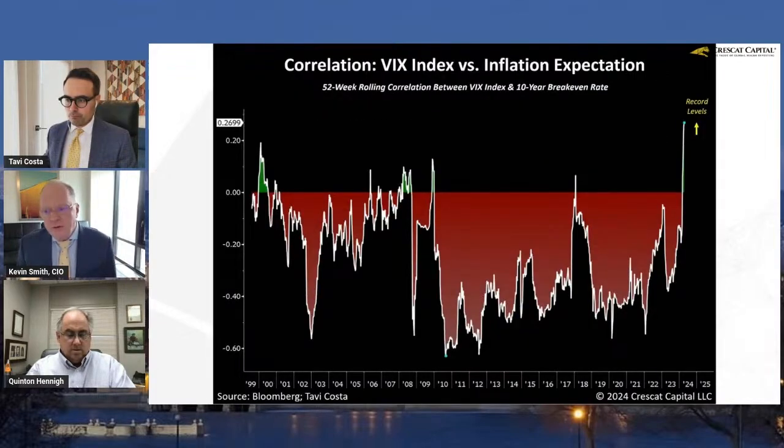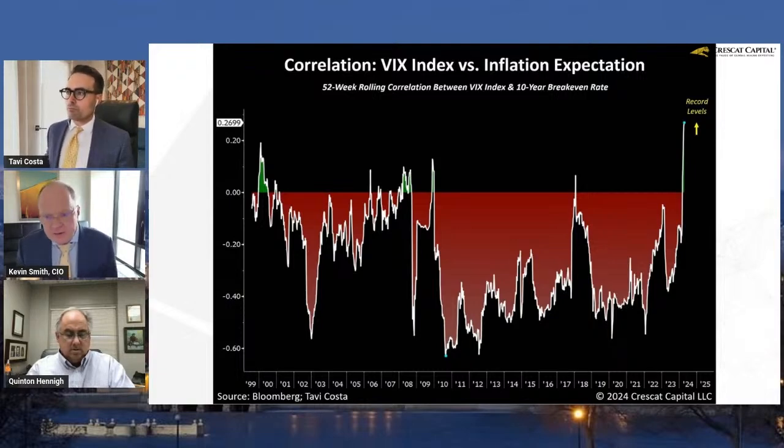Another interesting thing that we're seeing now is that as inflation expectations are starting to increase again, as reflected in the 10-year breakevens that are implicit in the TIPS Treasury market, we're seeing a positive correlation between rising inflation and rising VIX, the volatility on the S&P 500.